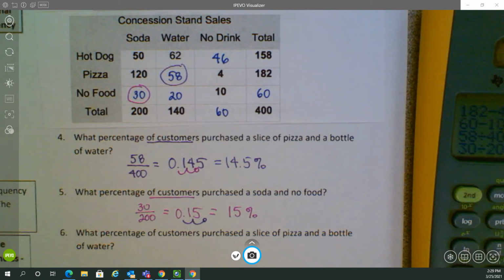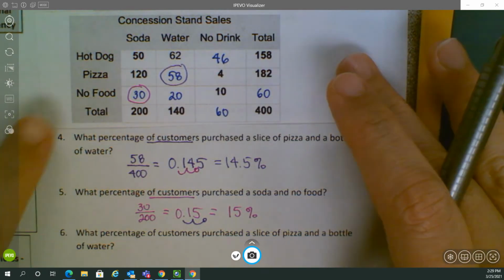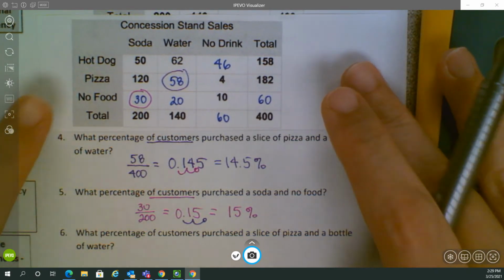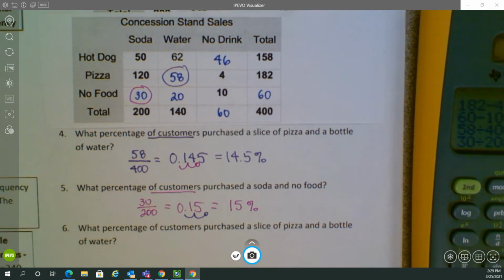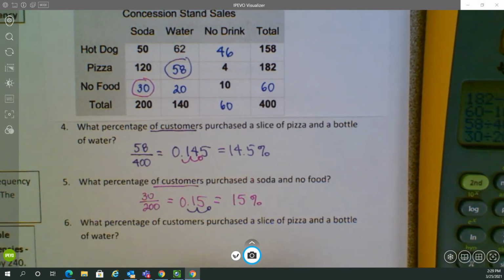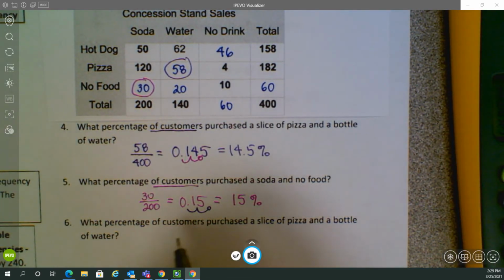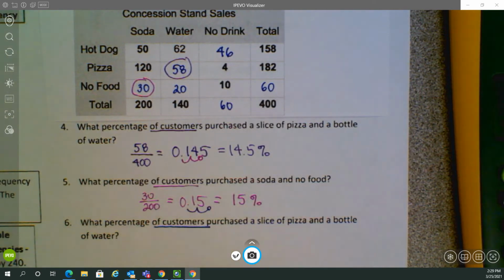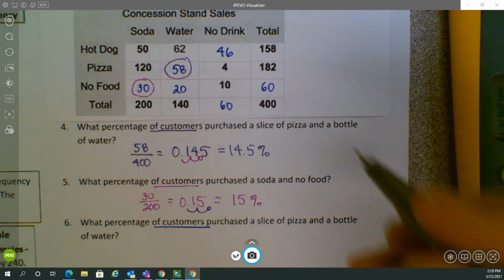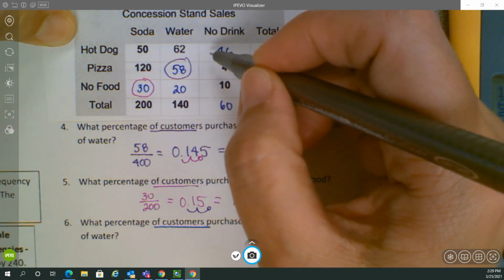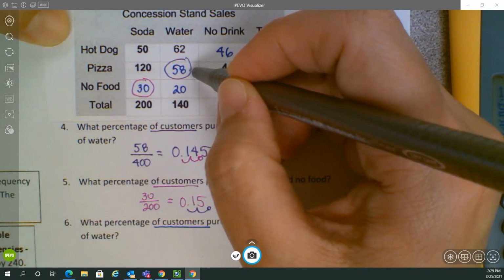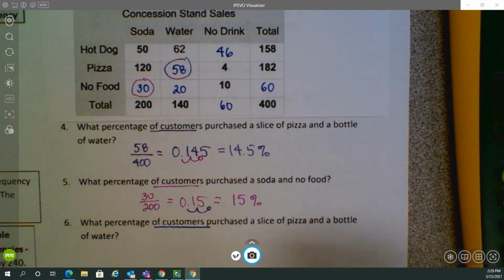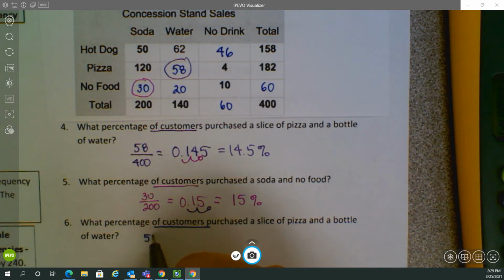What percentage of customers purchased a slice of pizza and a bottle of water? So let's see what happens with this one. I'm going to slide that just a smidge. All right. So percentage of customers who purchased a slice of pizza and a bottle of water. Pizza and a bottle of water is here. So that's just like number 6.